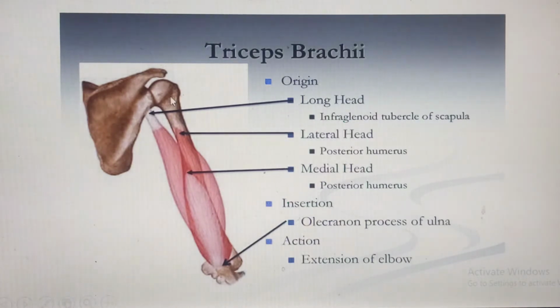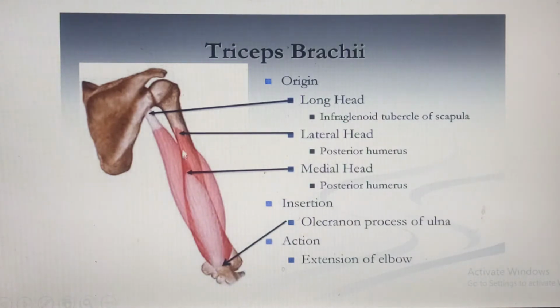Now, one thing that you have to know is that, apart from this, for the remaining heads, you need to just know what we call the spiral groove. And I will show you the spiral groove in the next slide. Now, the spiral groove helps divide this area of the posterior aspect of the humerus into two areas.